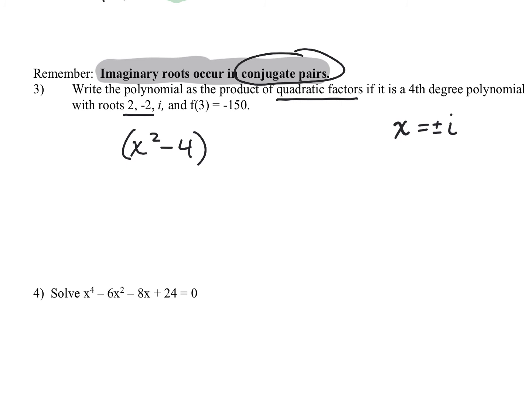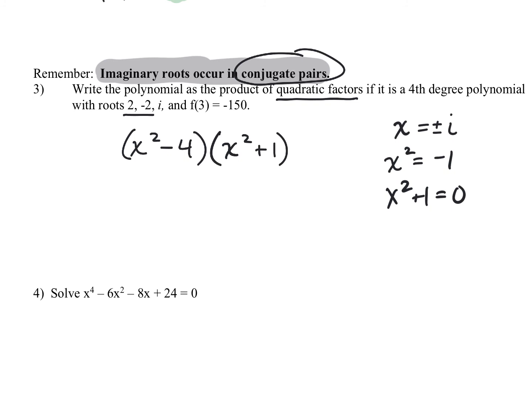Well, I know that imaginary numbers come from square roots. So if I got plus or minus i as a result, I would have taken the square root of -1. So if I square both sides, I have x squared equals -1.